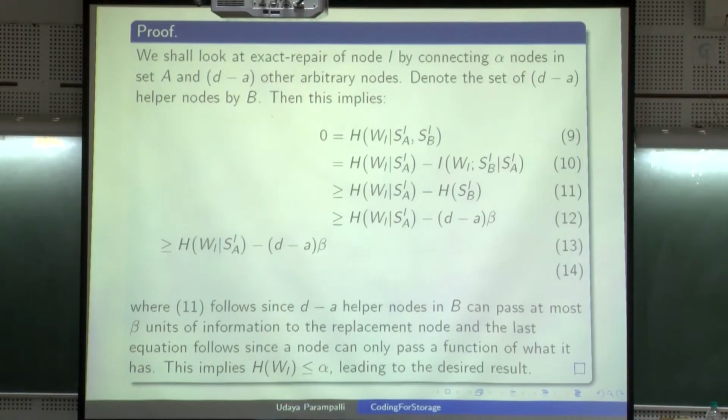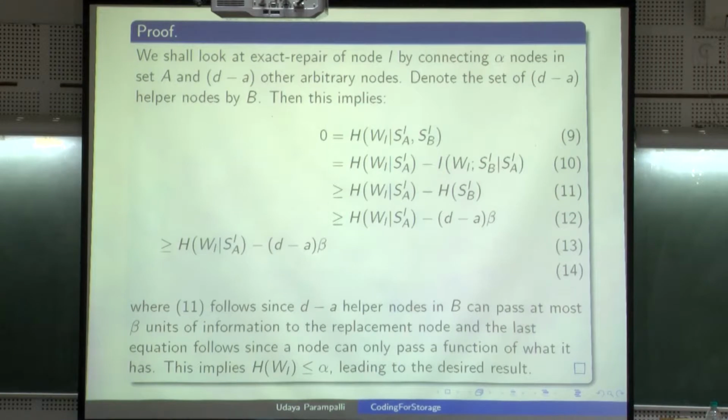In some sense, the set A has those nodes that actually contribute to alpha less than or equal to alpha. I will come back to that. Denote the set of d minus a helper nodes by B. You can see that they are trying to repair nodes by connecting to a nodes in set A and d minus a other arbitrary nodes.